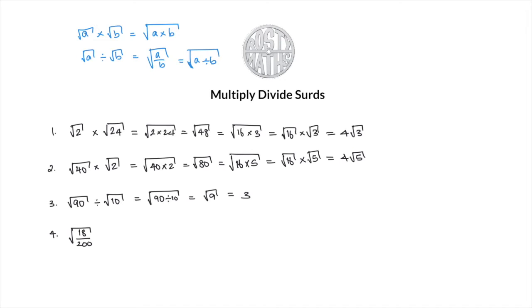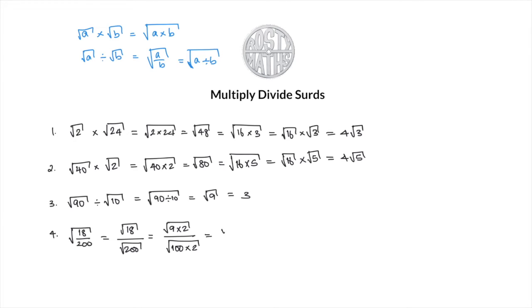And finally, we have got the square root of 18 divided by the square root of 200. This is going to take some doing. So let's go. I've got the square root of 18 on top, the square root of 200 below, and then we crack on with this. The biggest square number in 18 is 9, because 9 times 2 gives me 18. Over the biggest square number in 200, which is 100, so the square root of 100 times 2.